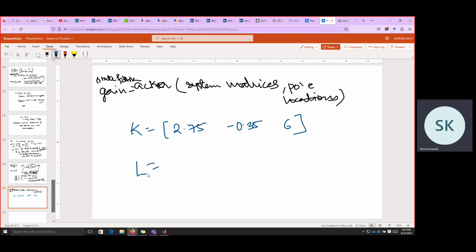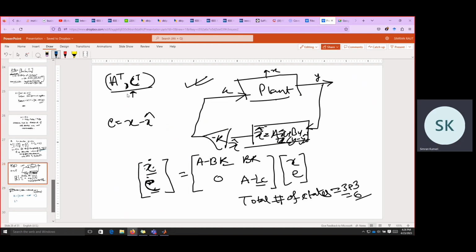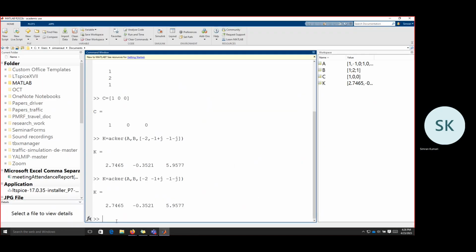Now we have to find L. So we'll apply the same pole placement equation for the dual system, which is A transpose, C transpose. And from there we'll get L transpose, and we'll just find the transpose of this one to get L. The new one will be A transpose and C transpose, with poles at minus 4, minus 5 and minus 3.